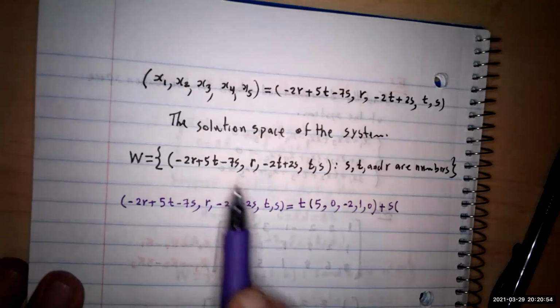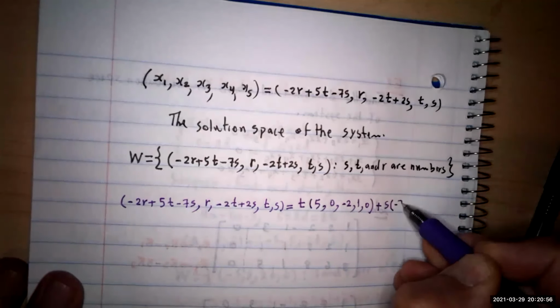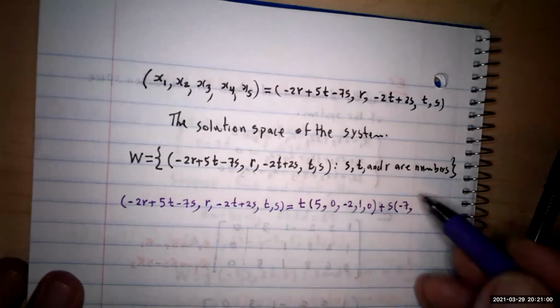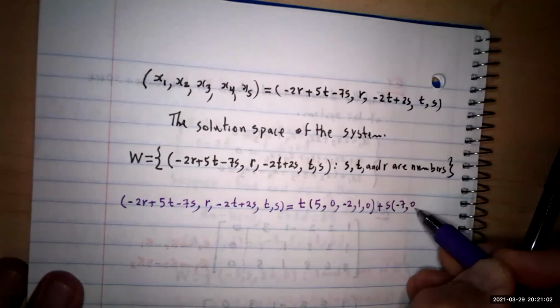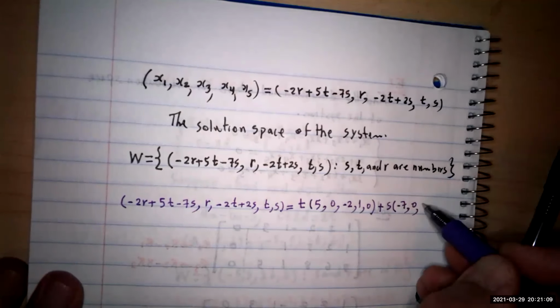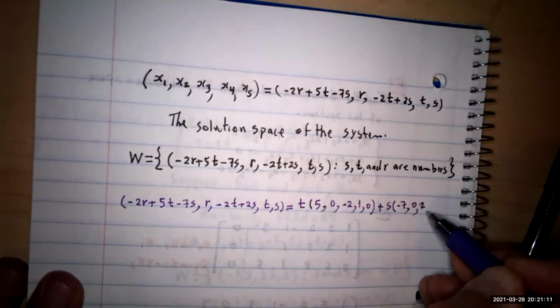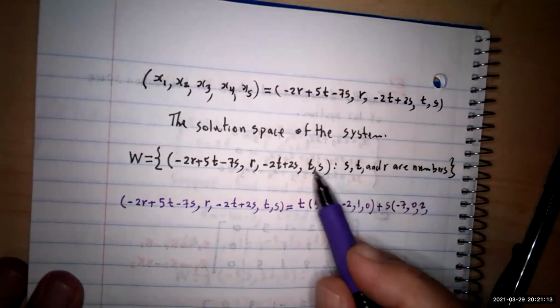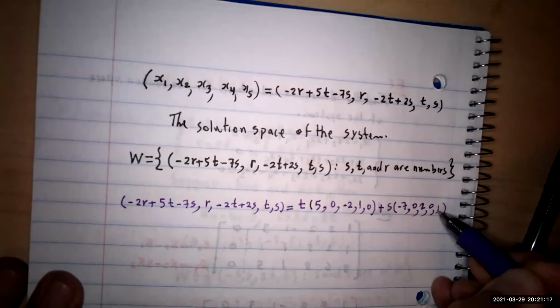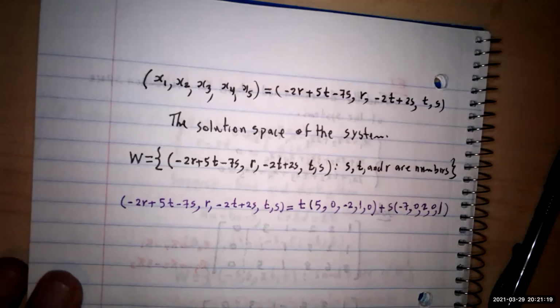Over here, that gives you a negative 7. The second one must be 0. In this one, you are interested in s only, so the s is 1, that gives you 2. You are not interested in t, but you are interested in s. So that gives you the second vector.